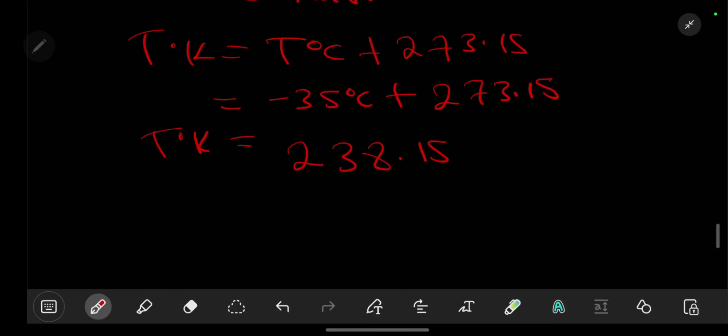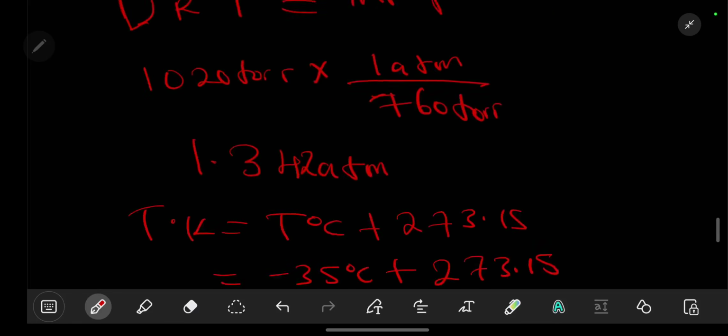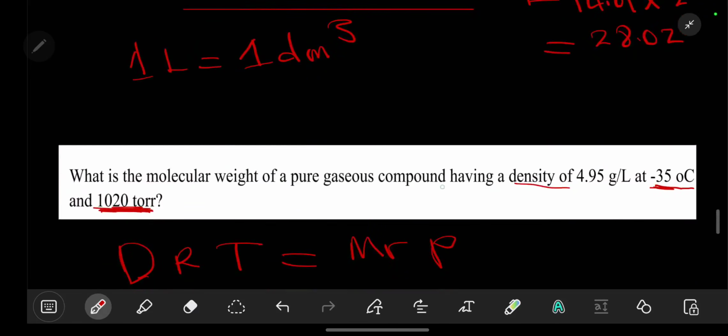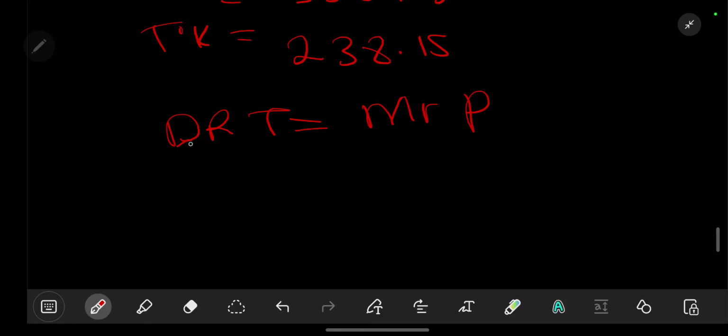So using our dRT is equal to the M times P, like that. What do we want? We want to calculate the molecular weight. To make the molar mass the subject of the formula, we divide by P. This M is just to help you remember, but it's the molar mass.